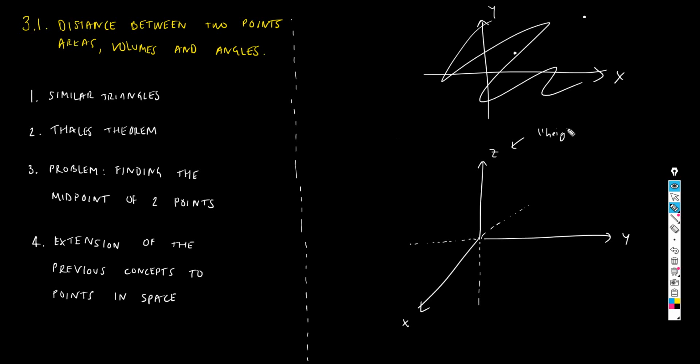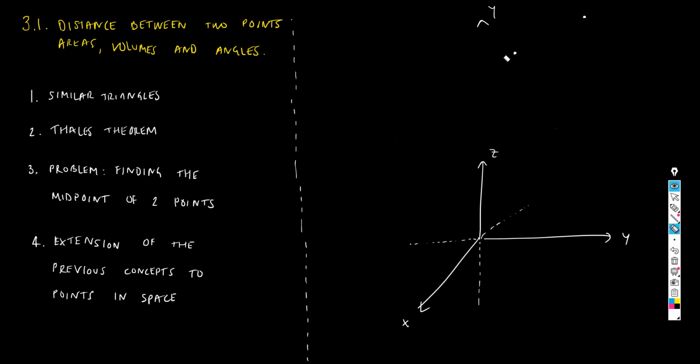You may think of this as your usual plane xy, can you see it here? But with an added height in order to talk about space. And we're going to extend the previous concepts and formulas so that we can now work in space. It's really not complex. The extension is actually very natural. Okay, so let's start.